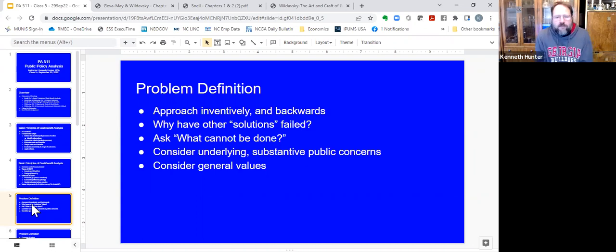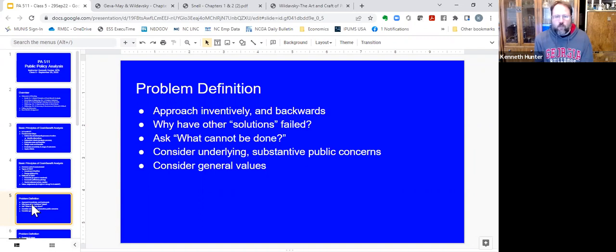And then we also have to take into consideration the general values of those we serve. That's another limitation on our creativity and inventiveness, and that's again where incrementalism comes into play. Radical change is harder to achieve because oftentimes it runs counter to the general values of a given organization, or a given community.